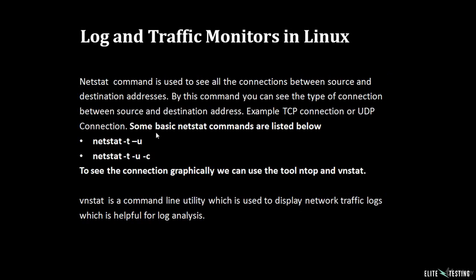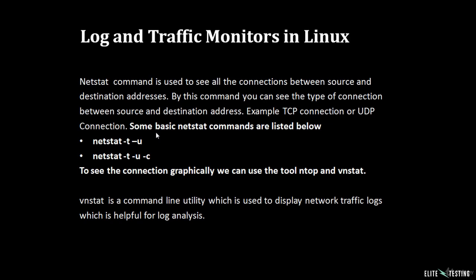Netstat command is used to see all the connections between source and destination addresses. By this command, you can see the type of connection between source and destination addresses, for example, TCP or UDP connection.